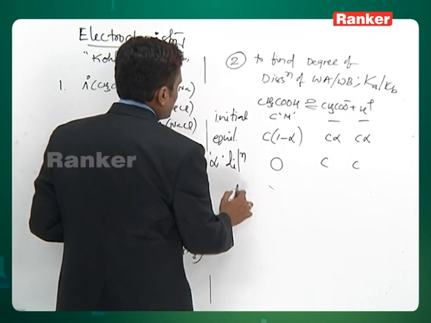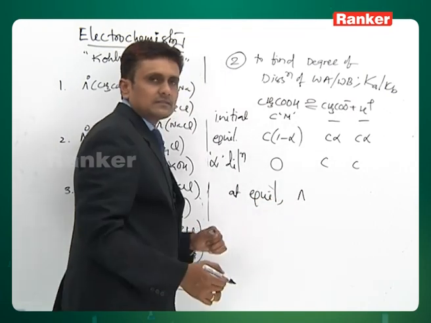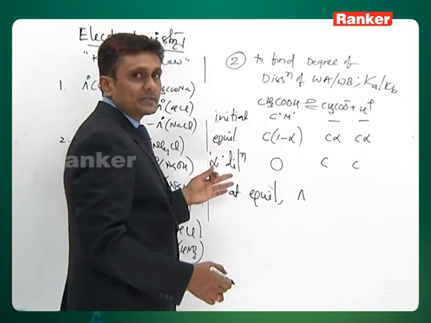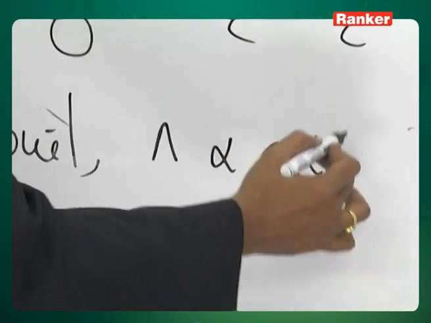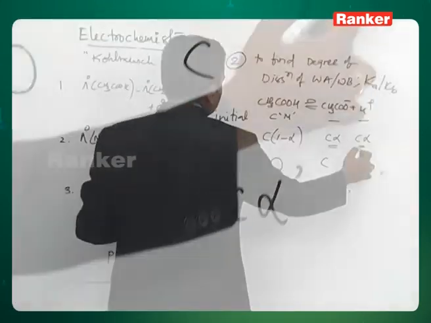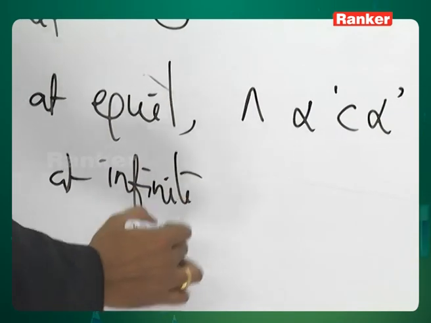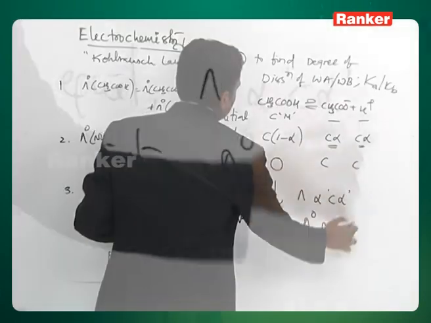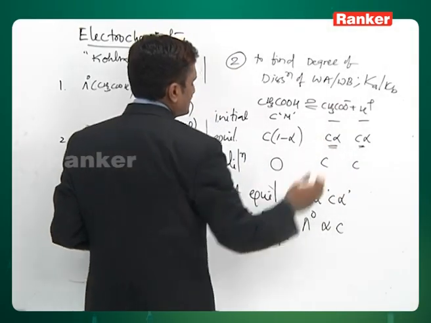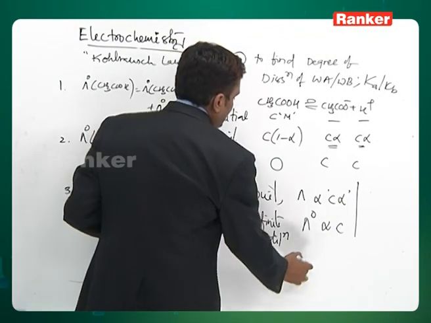Now at equilibrium, the conductance, say lambda, that is the maximum conductance that we can obtain under normal conditions, is directly proportional to the concentration of the ions that are present over there. At infinite dilution, the conductance referred to as lambda naught is directly proportional to the concentration of the ions that are present over there, which is C. So therefore, when I divide these two equations, I am getting alpha.